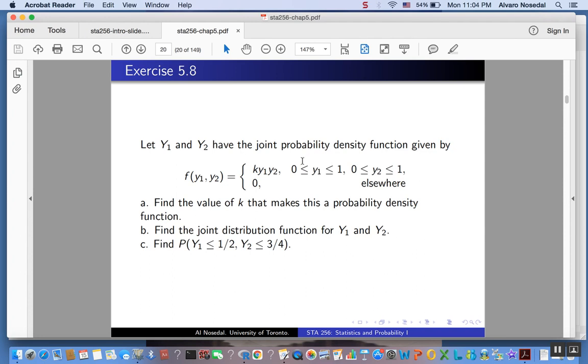What we know is that this is 0 elsewhere. So the only region where we have a non-zero expression is in the unit square, right? So y1 lives between 0 and 1, y2 lives between 0 and 1 as well.